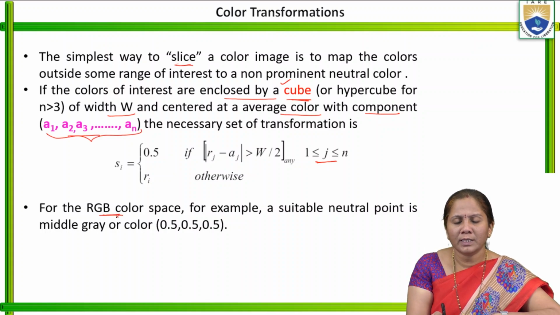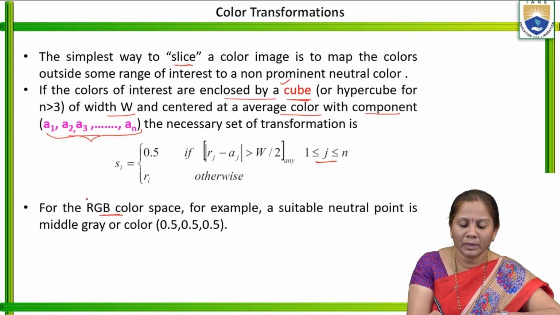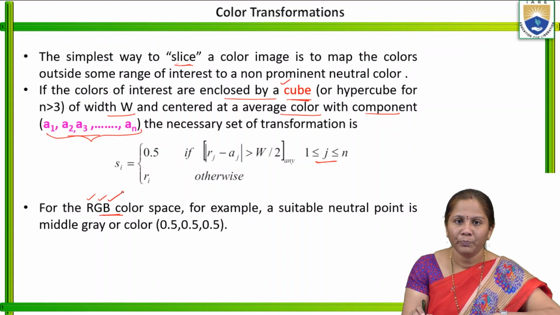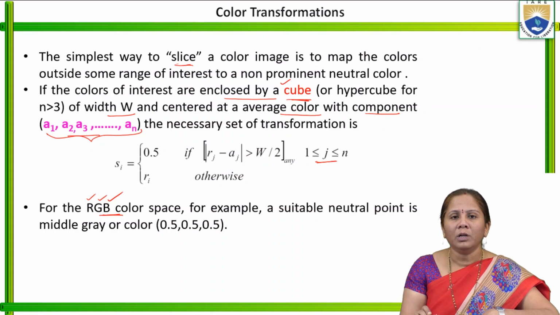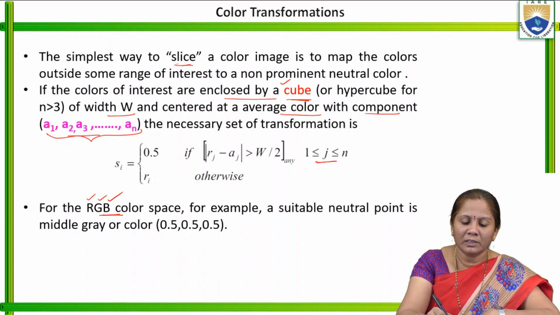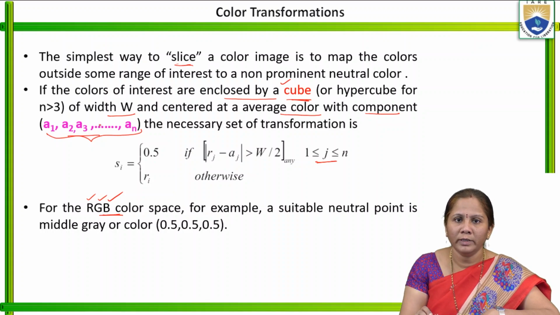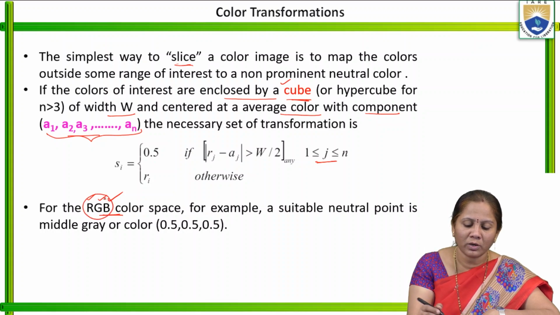If we select the RGB color model, 3 components will be available: one is red, another green, and the next blue. So what values can we consider for A1, A2, A3 and so on up to AN? We can have only 3, A1, A2 and A3, because only 3 components are available.